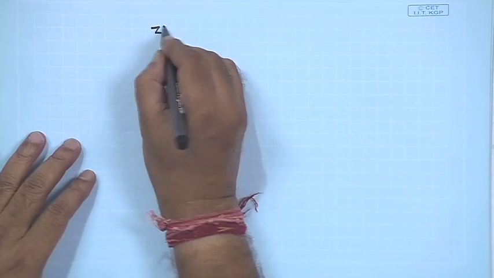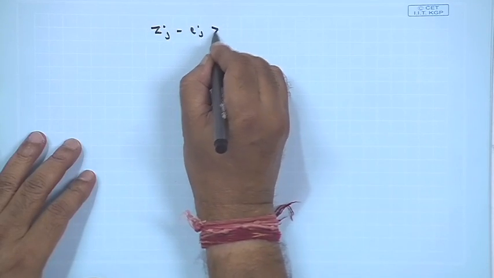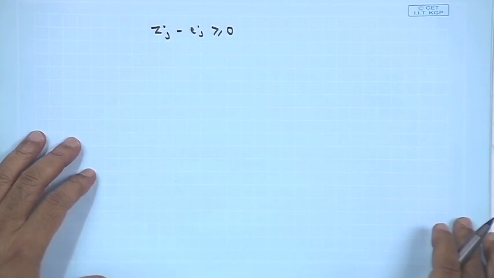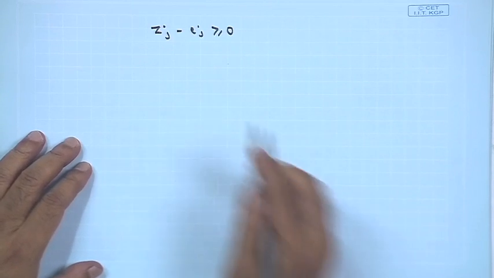For obtaining optimality, what do I have to find out? We know that for optimality this condition must be satisfied: z j minus c j must be greater than or equal to 0.